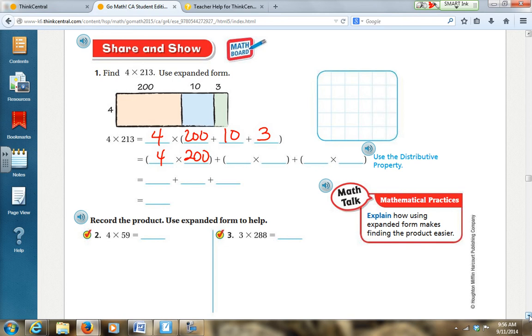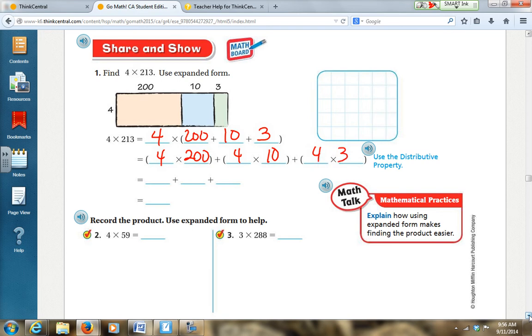No. Why would we do 10 times 3 when it's 4 times? Oh, 4 times 10. Okay, so the second one is 4 times 10. Yavi, what is my third one? I don't need the answer. What is it? 4 times 3. Good.